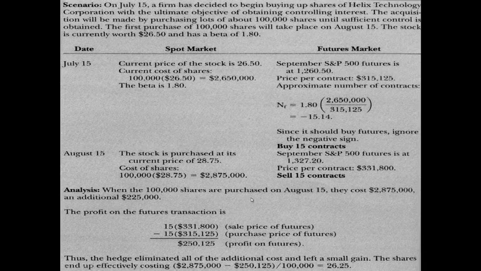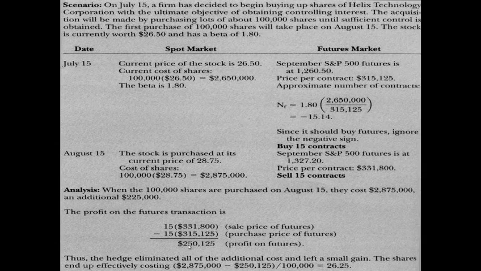When the 100,000 shares are purchased in August, they cost an extra $225,000. However, I make money from selling my futures contracts, which are worth more now, and the total of that is $250,000.